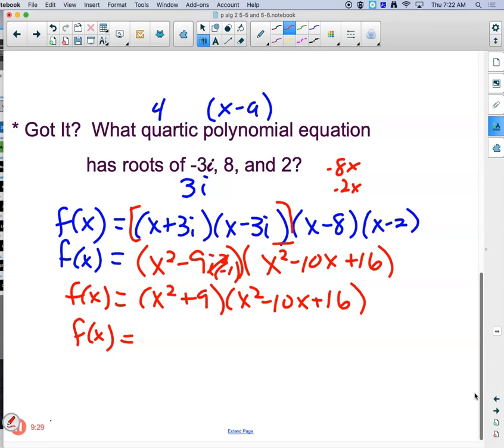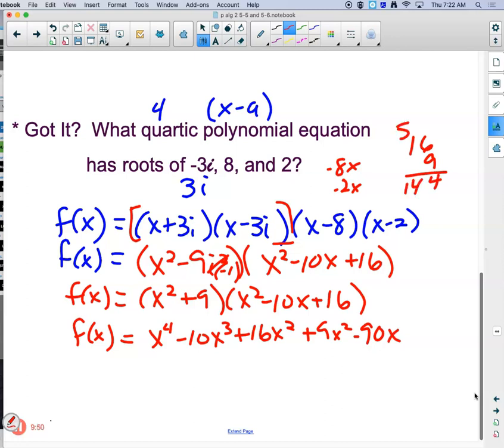We would multiply x squared times everything in the second set of parentheses and get x to the fourth minus 10x to the third plus 16x squared, and then take 9 times everything in the second set of parentheses, so plus 9x squared minus 90x, and then we need to figure out 16 times 9, which will be 144.